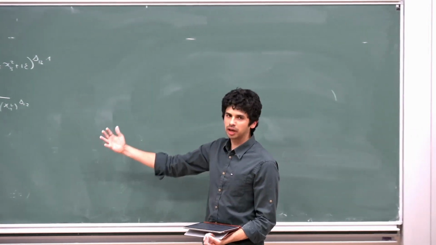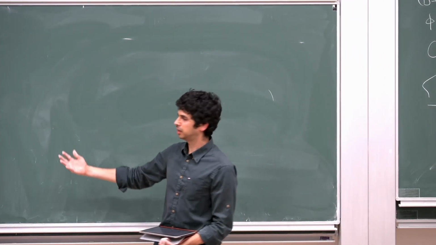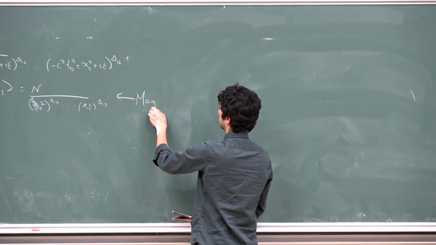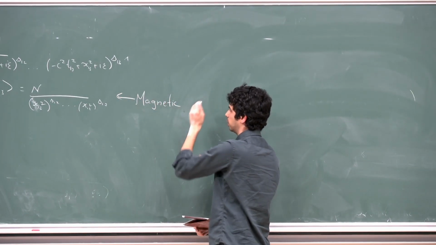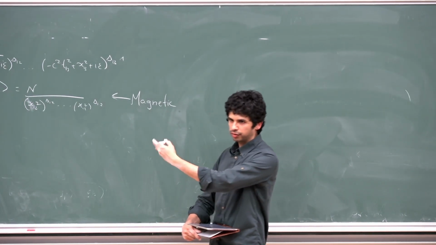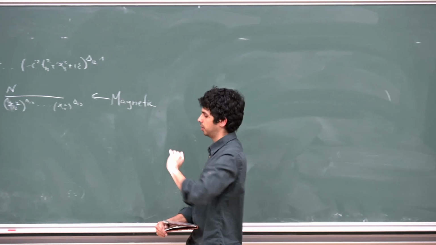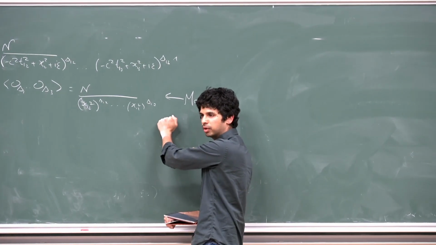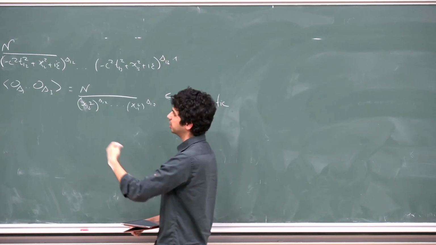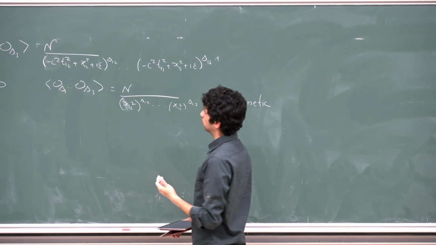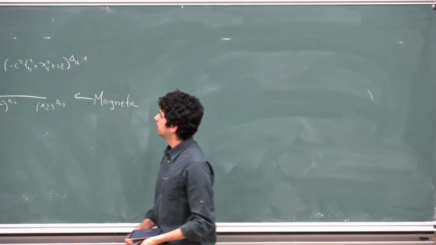But this is known to be a kind of Carrollian CFT, and this is called magnetic. This is the correlation function you would expect in a magnetic Carrollian CFT. It is characterized by the fact that there is no time dependence. And the idea is that this is secretly three-dimensional, but it has no time dependence. But this is clearly not what we want. It looks nothing like that. So we have to take the limit more carefully.